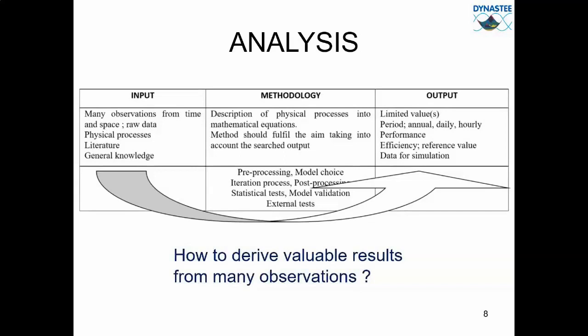And the whole process of analysis has to do with what is the best and the most suitable method to arrive at valuable results. How do you get one or a few output data from so many input data, from raw measured data? That is more or less the whole question that you have to deal with.